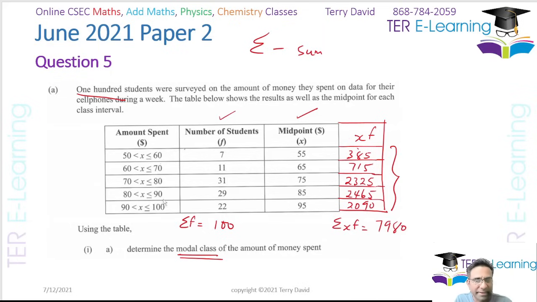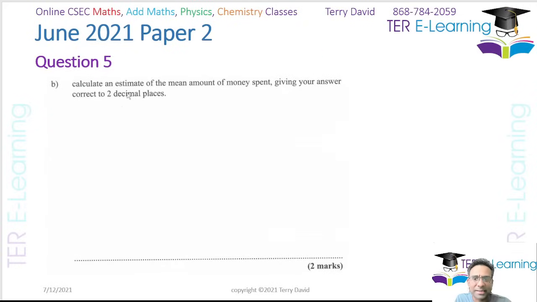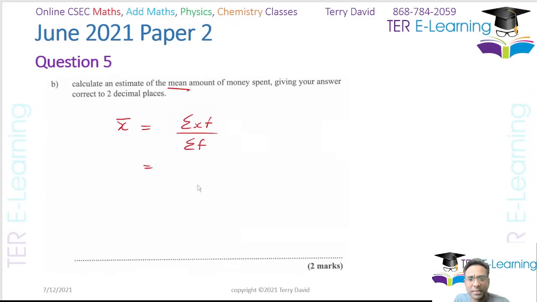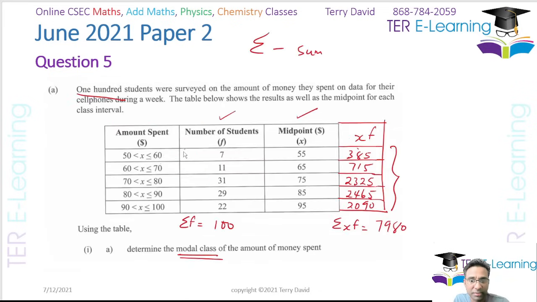All right, so we have sigma XF and we have sigma F. So the question says calculate an estimate of the mean. So the mean, the symbol we use for the mean is x bar, is equal to sigma XF divided by sigma F, right? So sigma XF is the total that we got just now, 7980, divided by sigma F, which we know is 100 students.